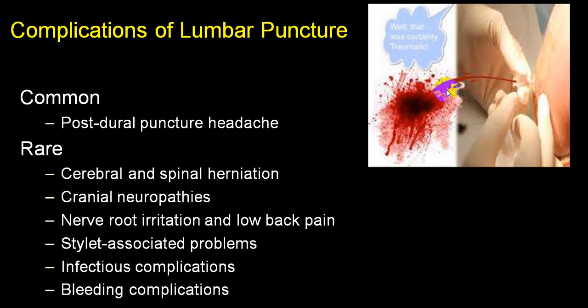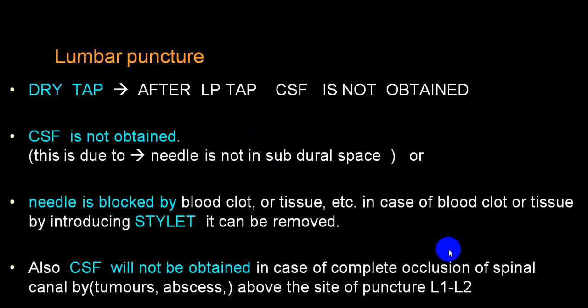You can see here a jet of blood because you have punctured one of the arteries. So you can get cerebral or spinal herniation, cranial neuropathies, nerve root irritations, low back pain, stylet associated problems, infections, bleeding, post-dural puncture headache because of chronic spinal leak, dry tap. So always keep it in mind.